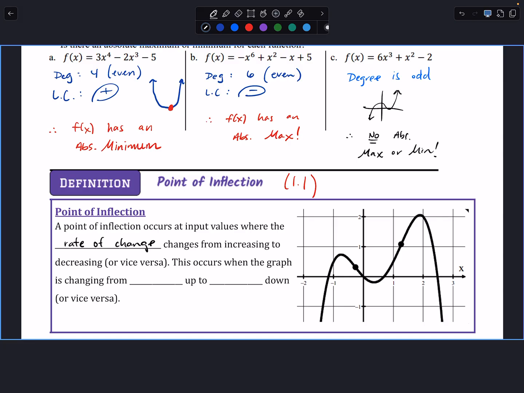This occurs when the graph is changing from concave up to concave down. This all means the same thing. When the rate of change changes, that is when the concavity changes. So that's what we call a point of inflection.